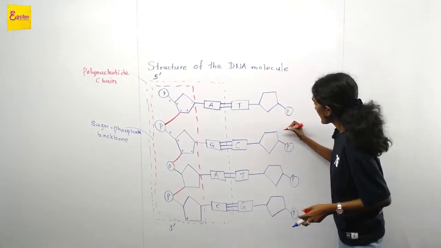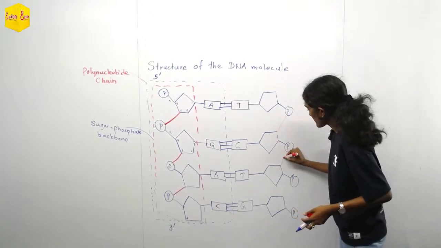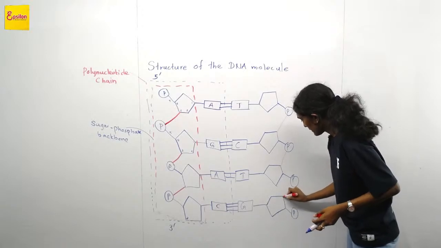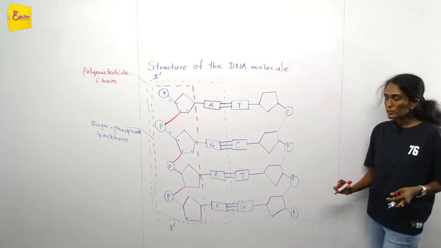So you can see that there are phosphodiester bonds linking these together. Can you understand now?